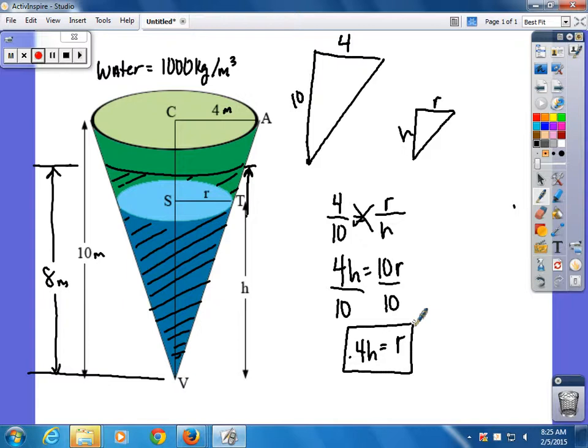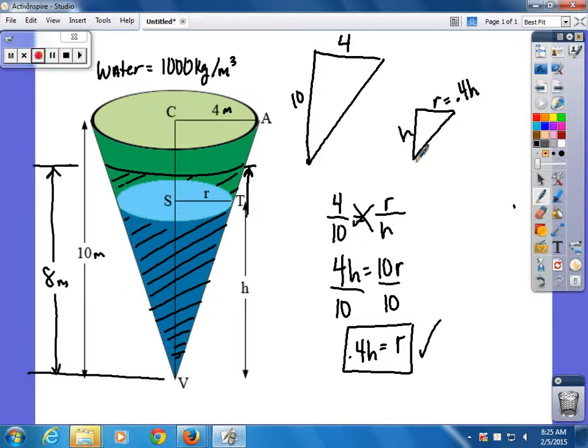But just for purposes of setting up, this is good. So now you know that this guy is equal to 0.4H, so 4/10 of whatever this is. So there's your related rate.